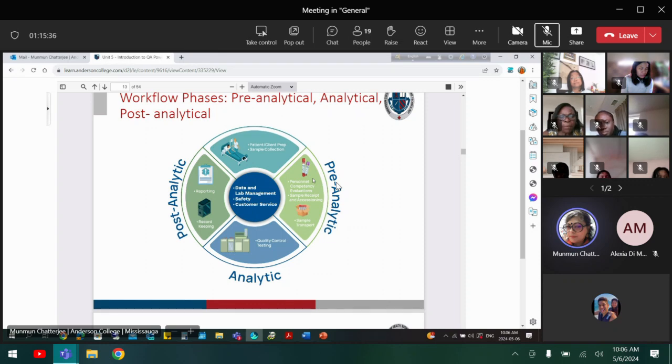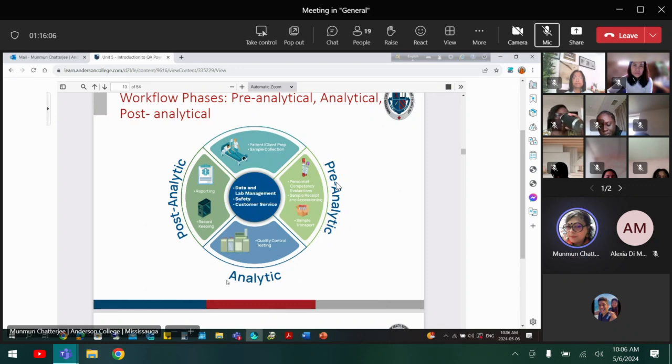You have to know which tubes need to go, the order of draw, how you are going to send it, where you have to write the documents, time of collection, date of collection, everything. That is the personnel competency. Then who is receiving the sample? And the accessioning department. And also when there is sample transport, these all go under the pre-analytical.